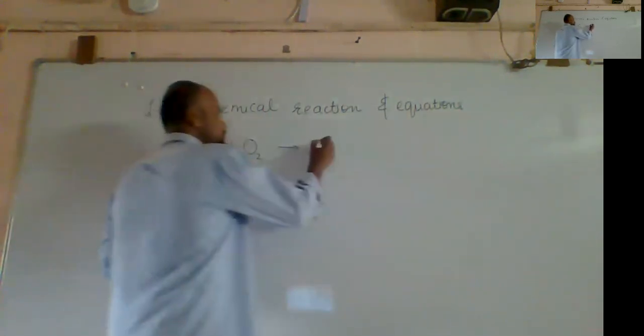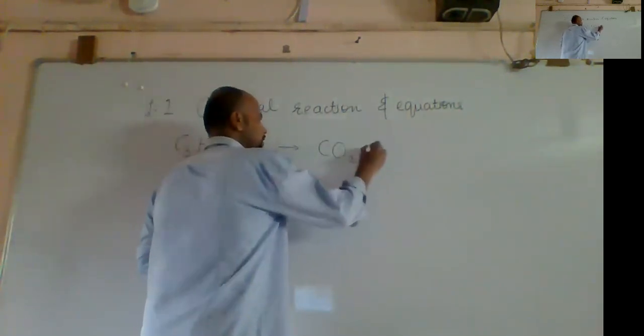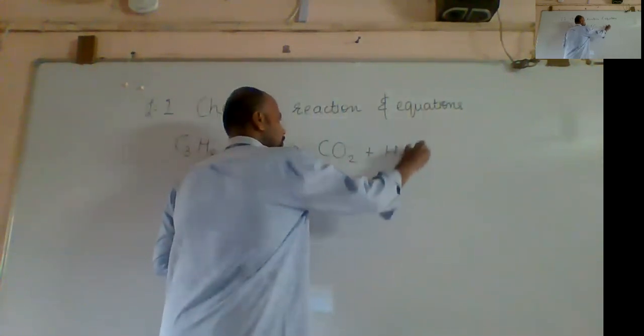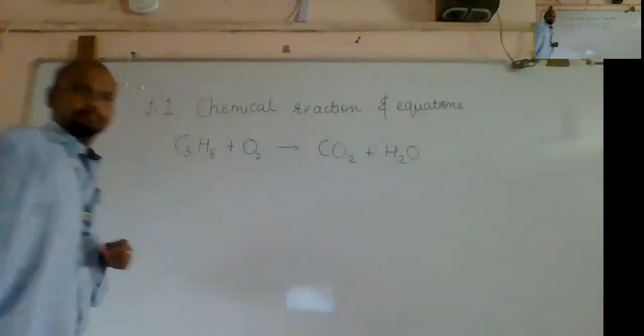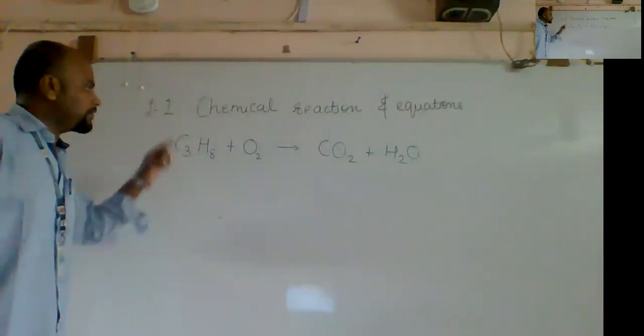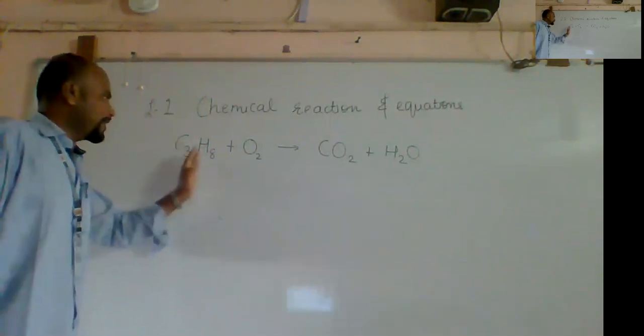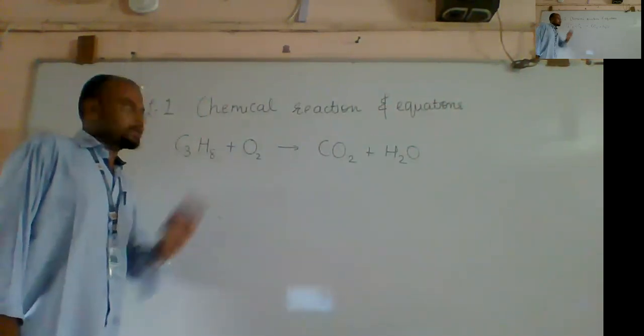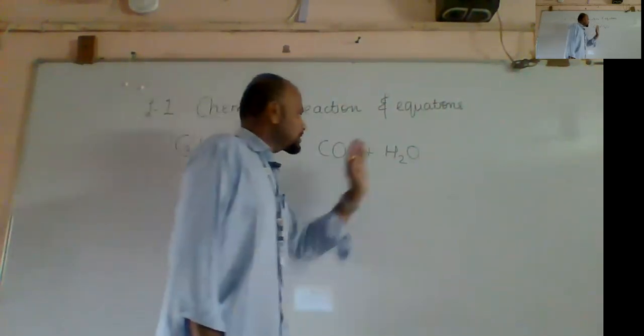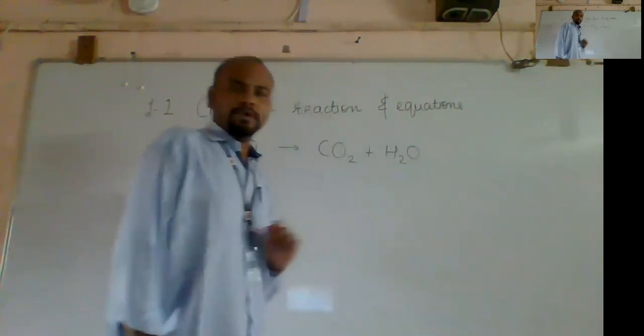It gives you carbon dioxide plus water. Now if you see over here, on the reactant side, propane and oxygen is present, whereas on the product side, carbon dioxide plus water is present.